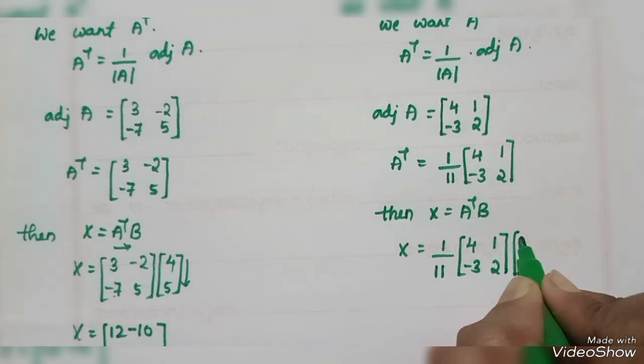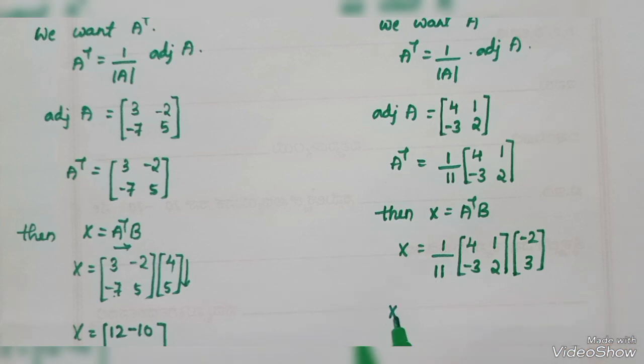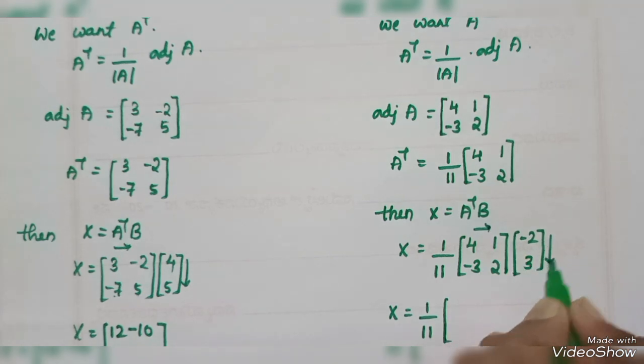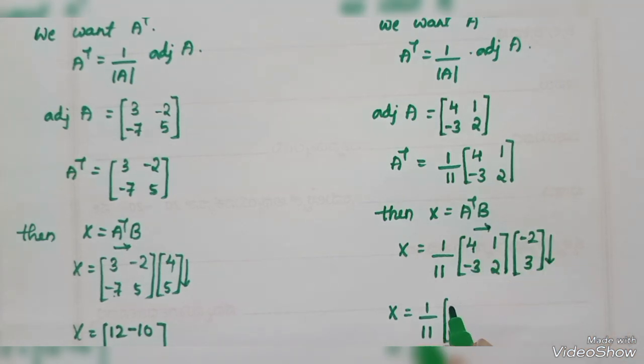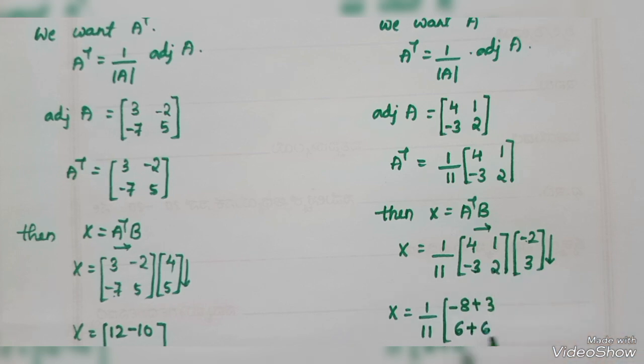What are the elements? -2, 3. X is equal to, I am taking 1 by 11 as a constant. Then multiplication row by column. 4 into -2 becomes -8. 1 into 3 is plus 3. Minus into minus, plus 3 to the 6. 2 into 3 is also 6.